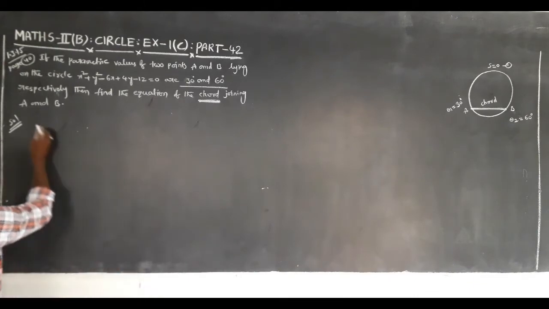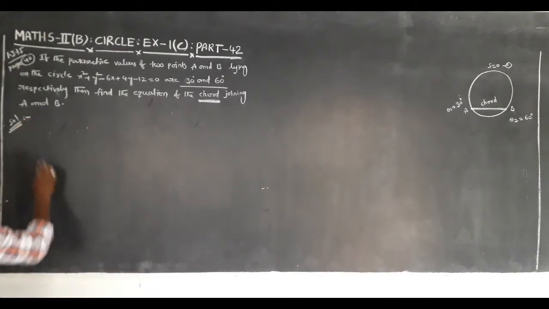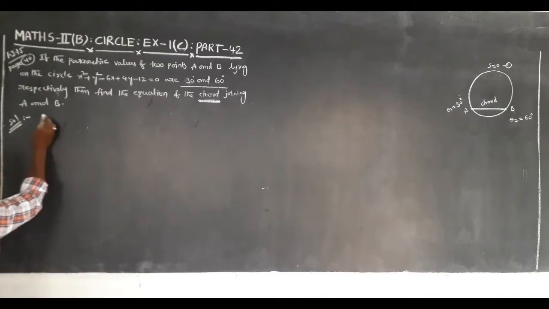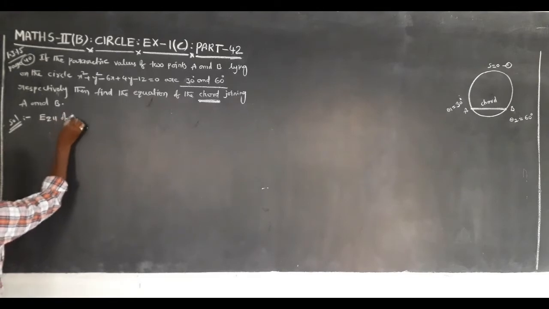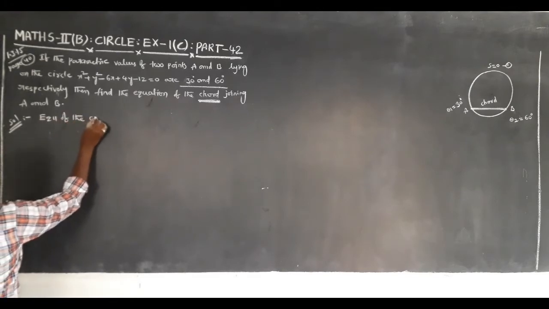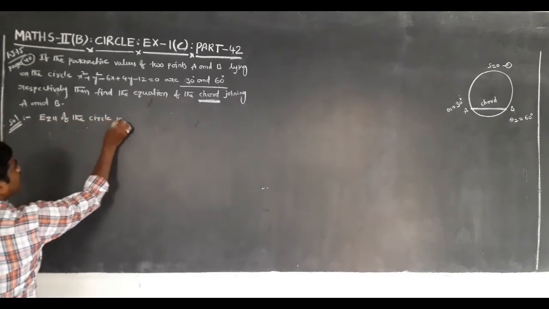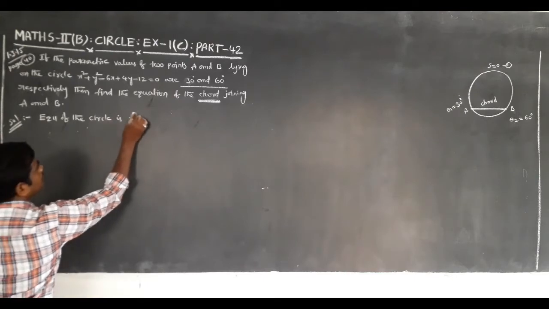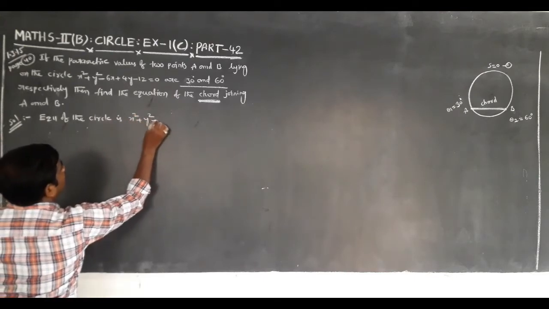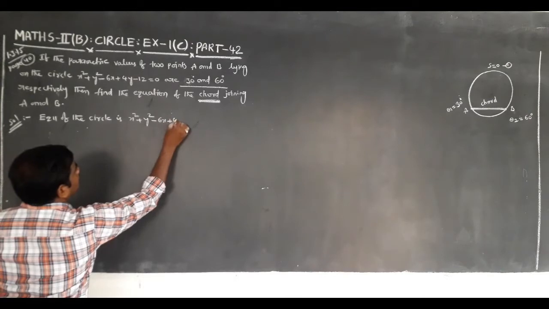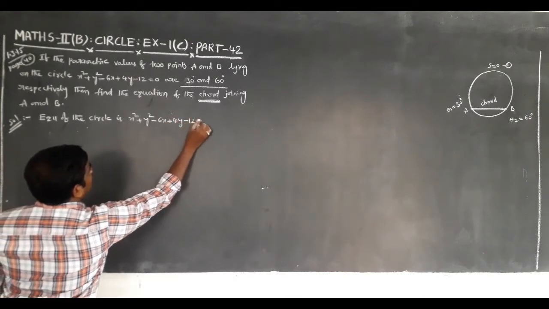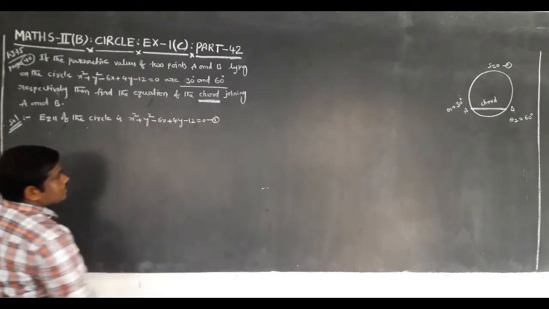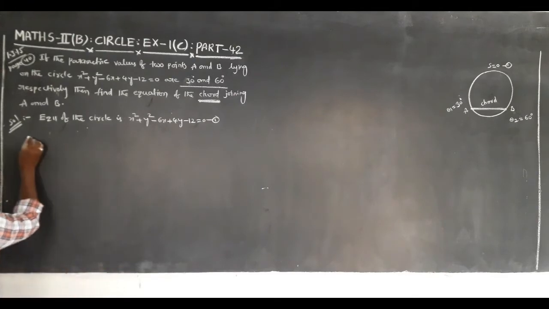First of all we find the radius of the circle. Equation of the circle is x square plus y square minus 6x plus 4y minus 12 is equal to 0.